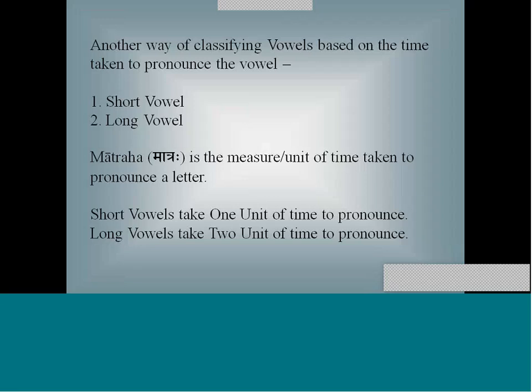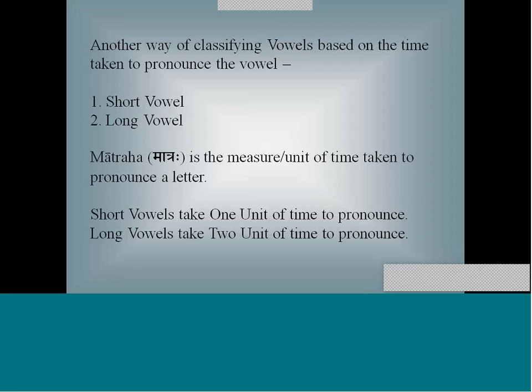So, if the vowel takes 1 unit of time, the unit of time could be a second or anything, then it is a short vowel. If the vowel takes 2 units of time, then it's a long vowel. So 1 unit of time, short vowel. 2 units of time, long vowel.